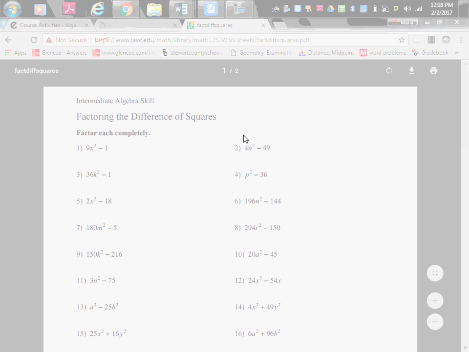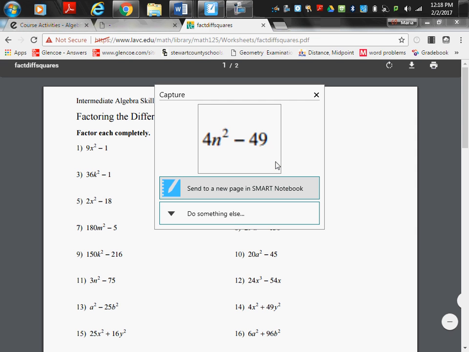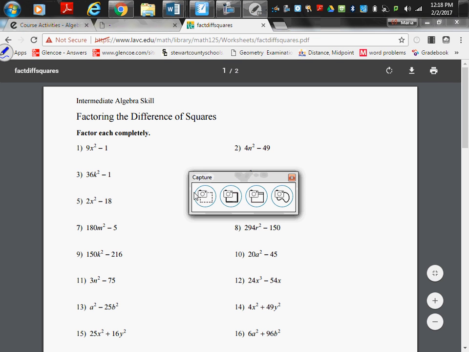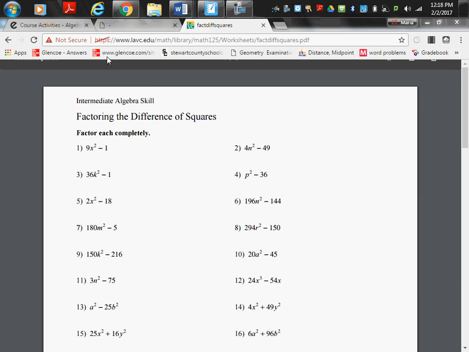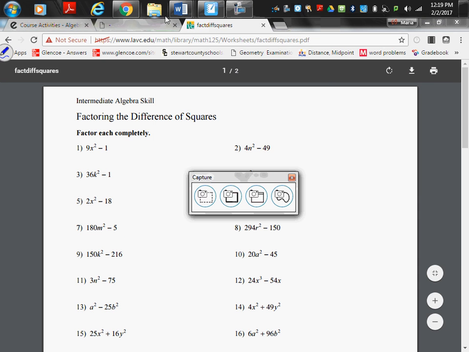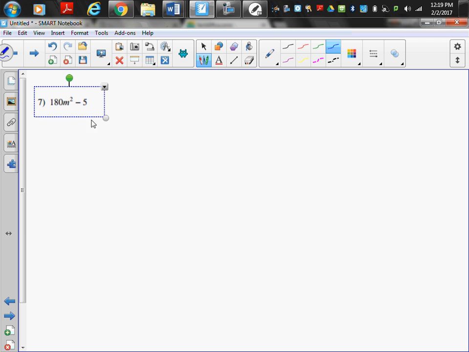Let's look at these 3 problems. Problem number 1.